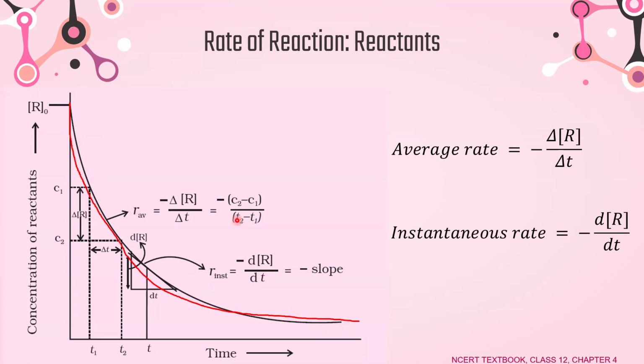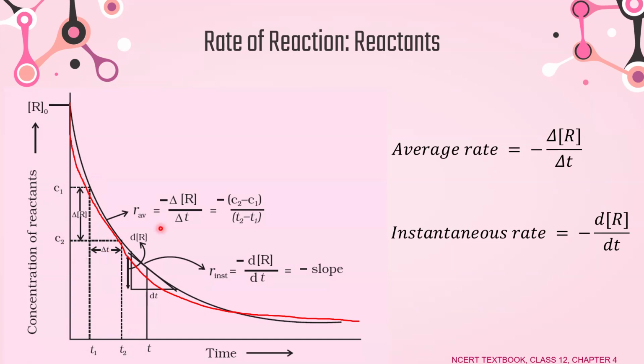Let's see what delta R divided by delta T is over here. They have taken two instances: the first one is T1 and the second one is T2. At time T1 during the reaction, the concentration of reactant is C1, and at time T2 the reactant has the concentration C2.